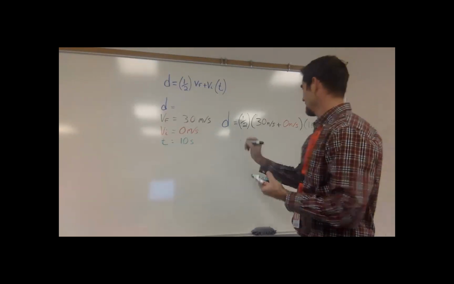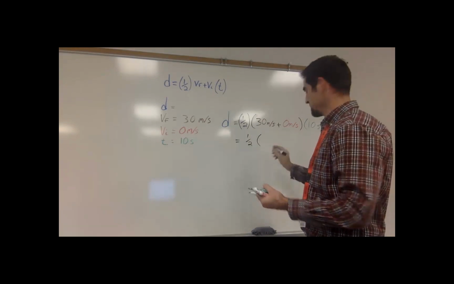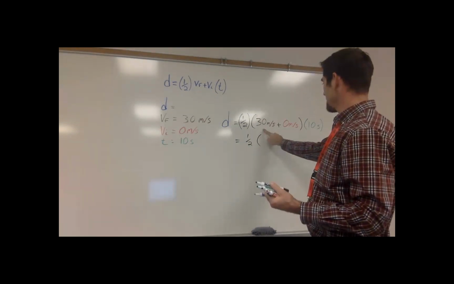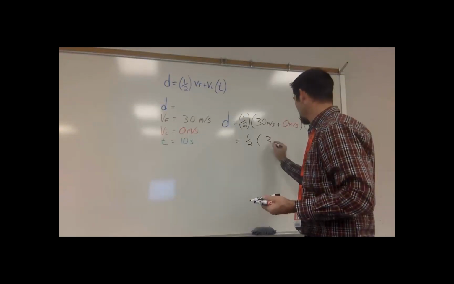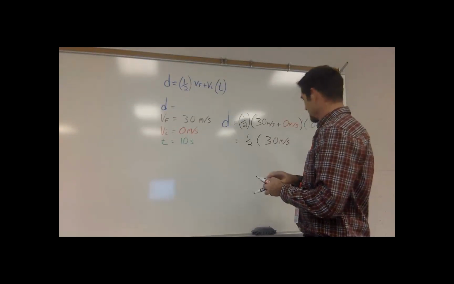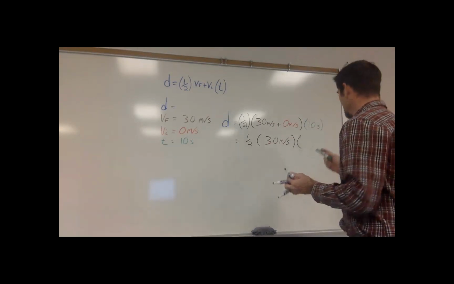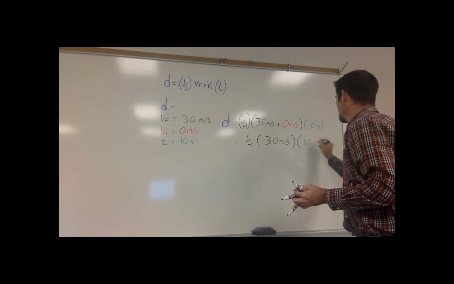So now we've got equals 1/2 times 30 plus 0 is 30. So we've got 30 meters per second times 10 seconds.